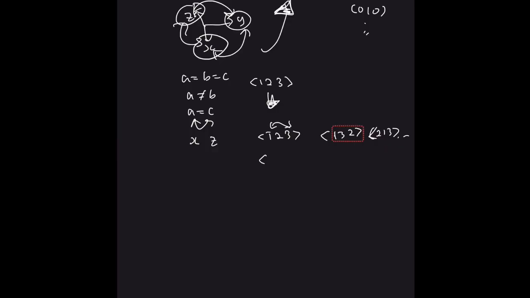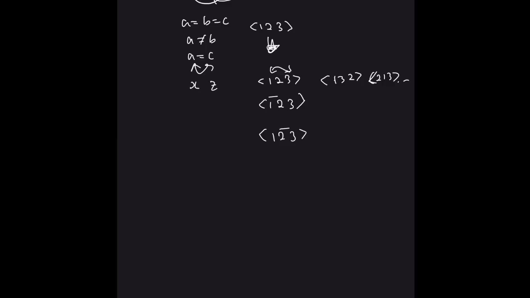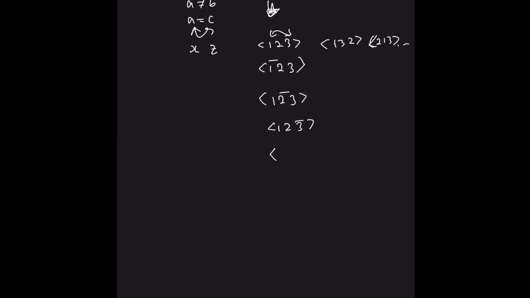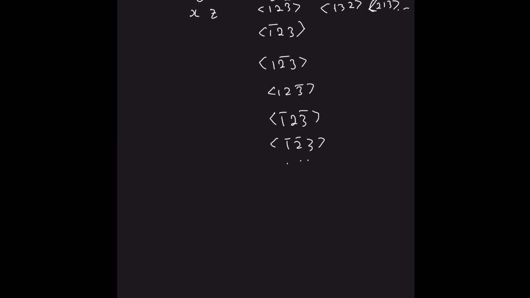So you can have 1, 2, 3 with a bar on 1, with a bar on 2, with a bar on 3. And then you can do 2 bars. Well, you get the idea. The last one would be 1 bar, 2 bar, 3 bar.